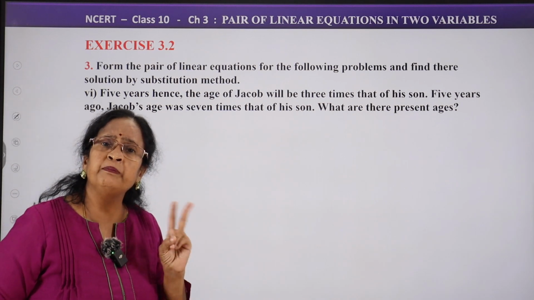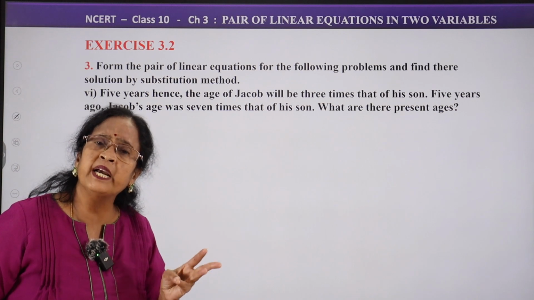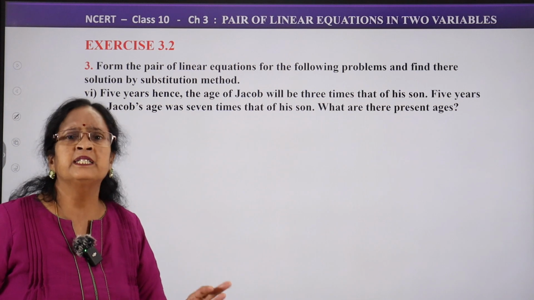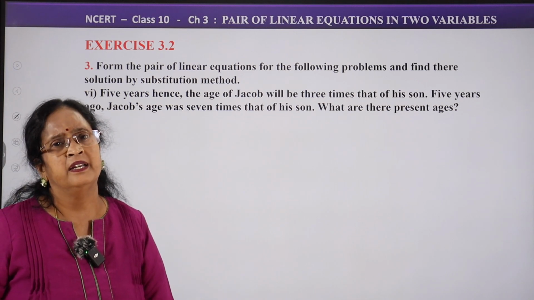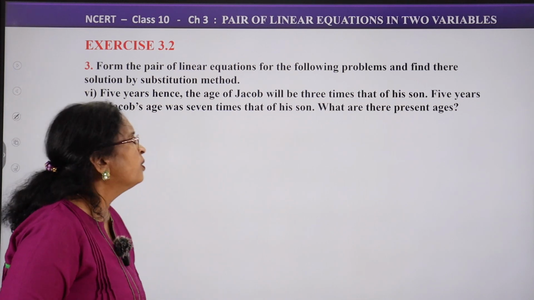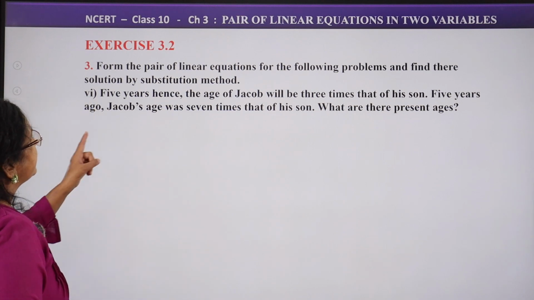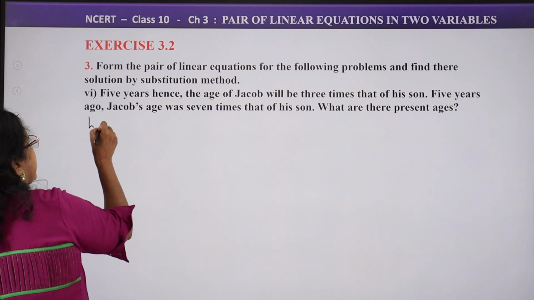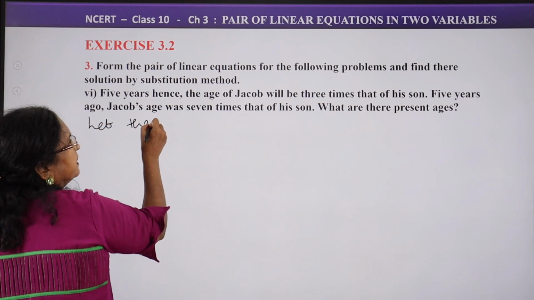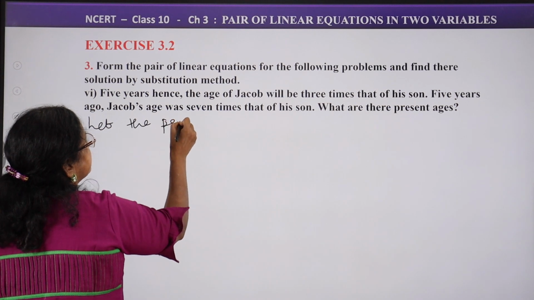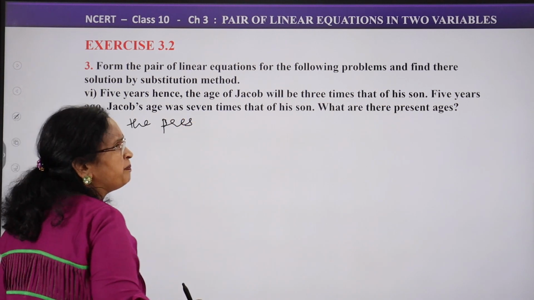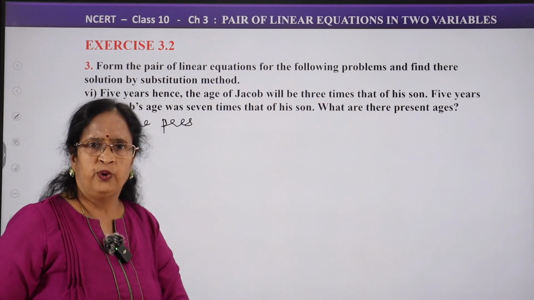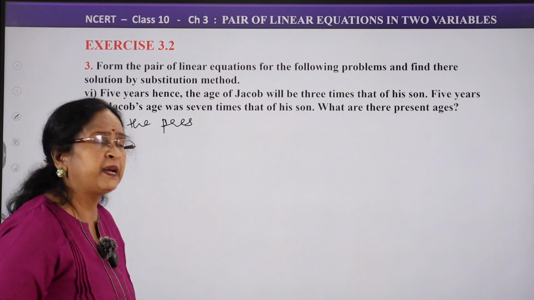What are the two variables here? One is for Jacob, one is for son. So, Jacob x, son y. Is it clear? So, now let us write 5 years hence. Unless we know the present age, we cannot write hence or ago. So, first we need to take the present age.